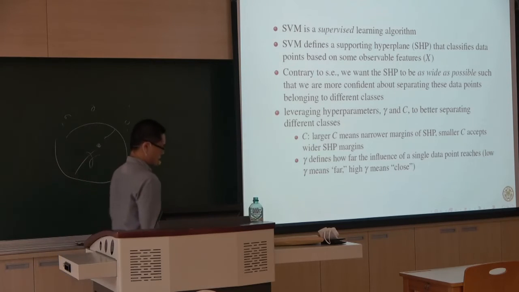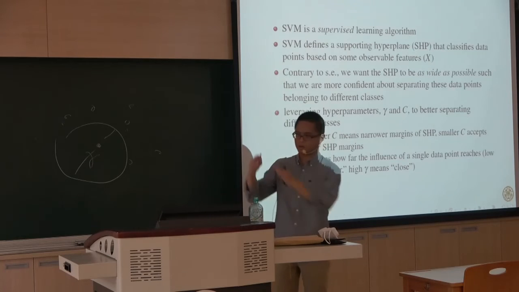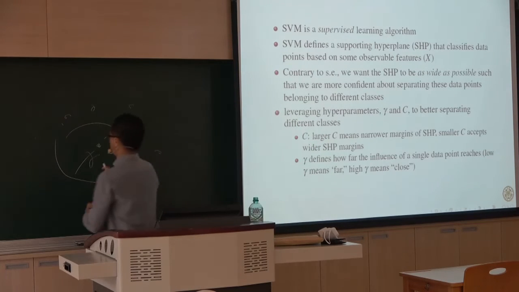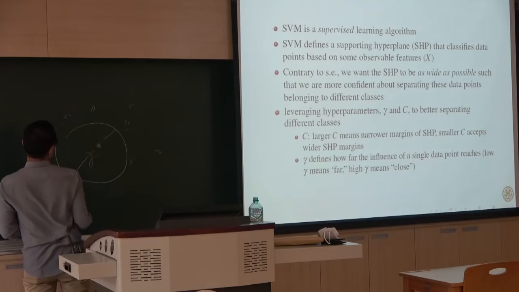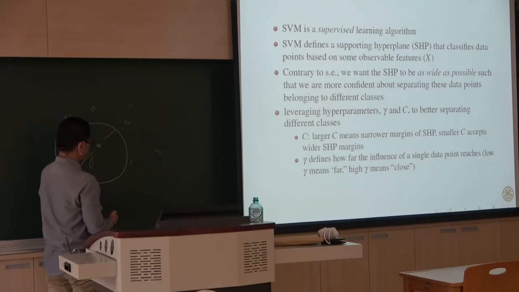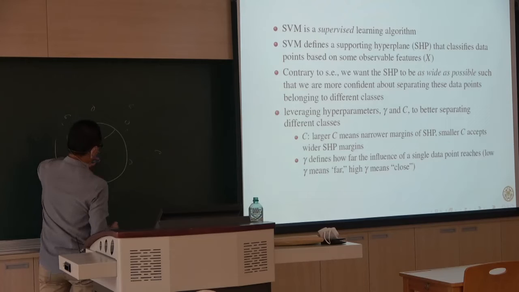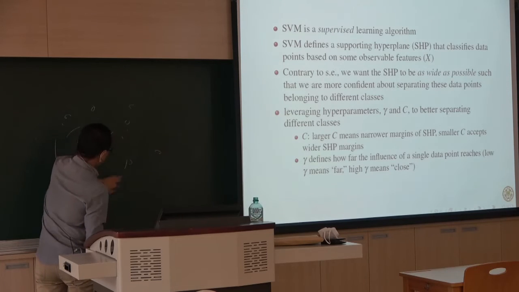And that's why you usually see the curve or the band in the separating hyperplane. On the other hand, if you set gamma to a higher value, then its influence region will be smaller.